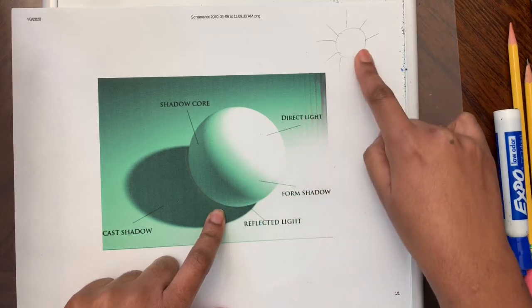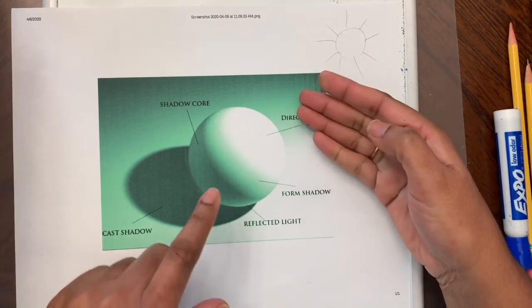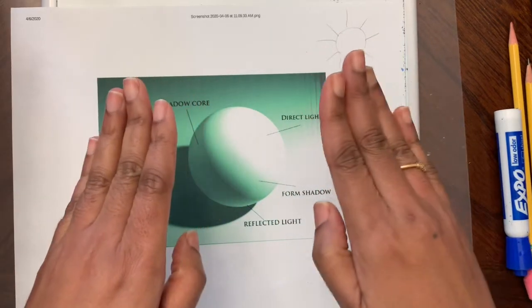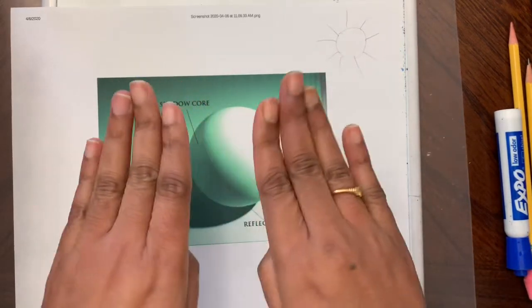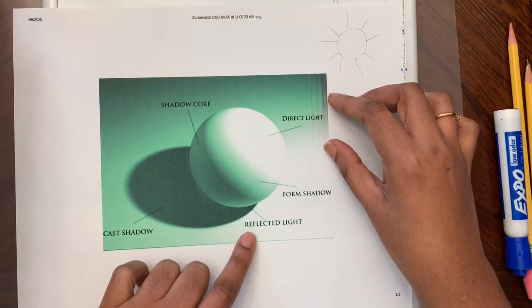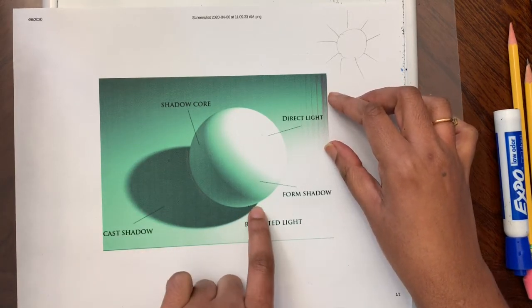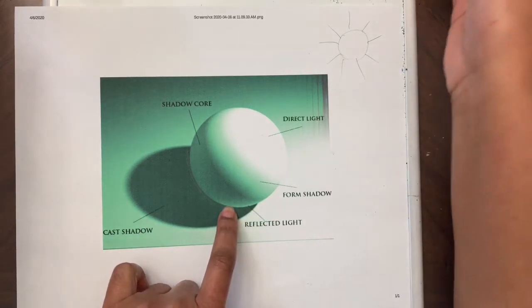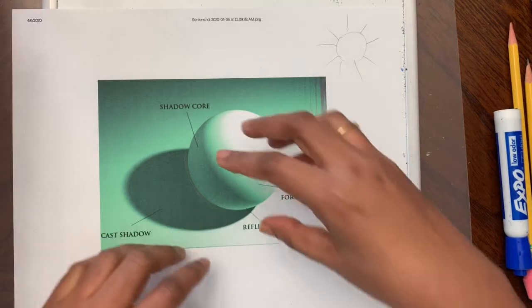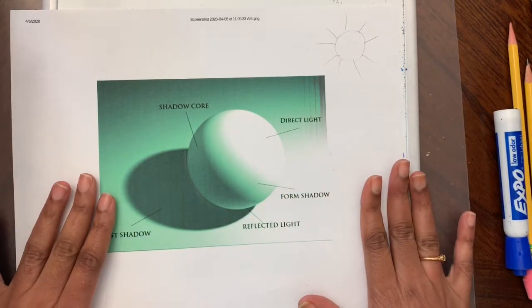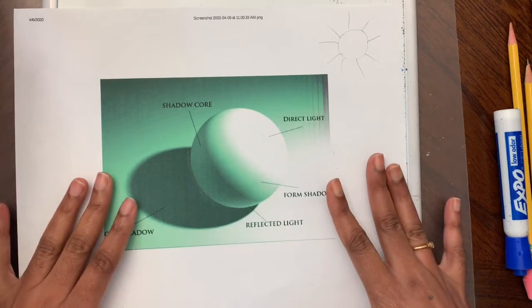Here it can be called half tone also, where the light and the shadow area meet. And then you will also be able to see a reflected light. Can you see the reflected light over here? This object is, suppose, on a white table.